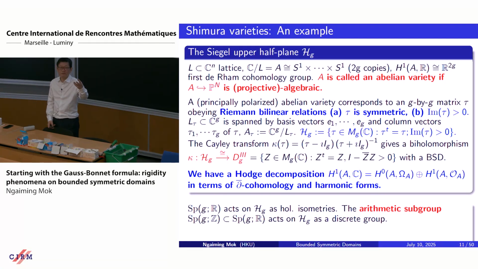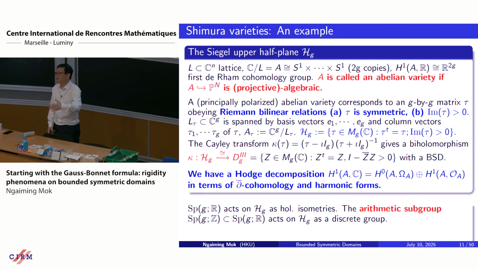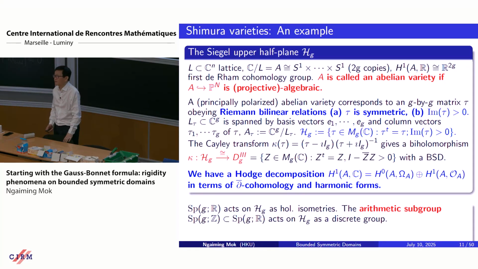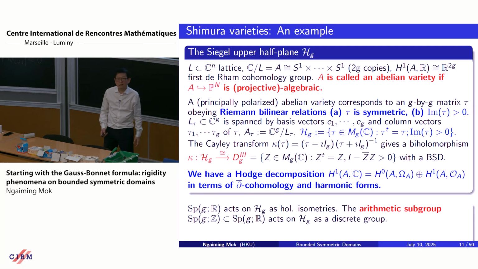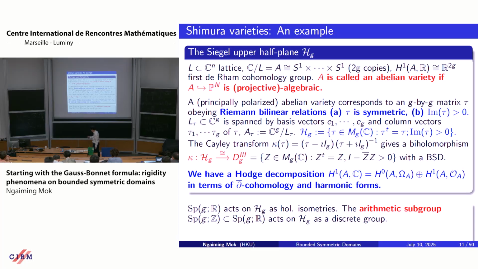Even the moduli space of Riemann surfaces maps into it through the Torelli map. So this is a very important space. And this is biholomorphically equivalent to a type 3 bounded symmetric domain, defined by the inequality together with the property that the matrix be symmetric.